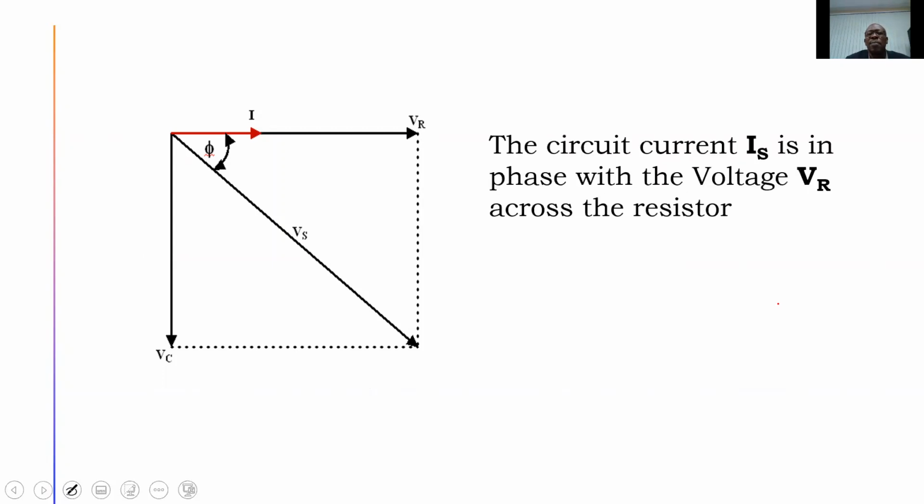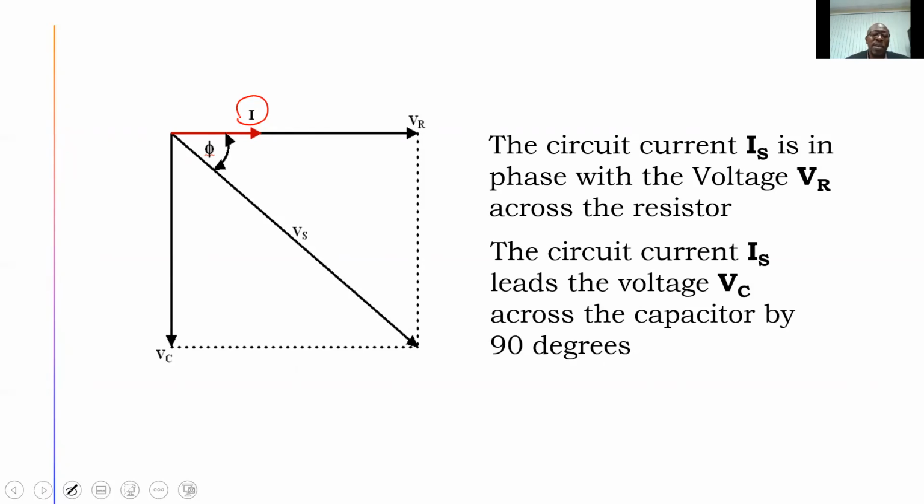Firstly, the circuit current, I, is in phase with the voltage VR across the resistor. As I mentioned before, at the time I close the circuit, the current and the voltage across the resistor were in alignment, and we define that as being in phase. So there's no angular displacement between the two.